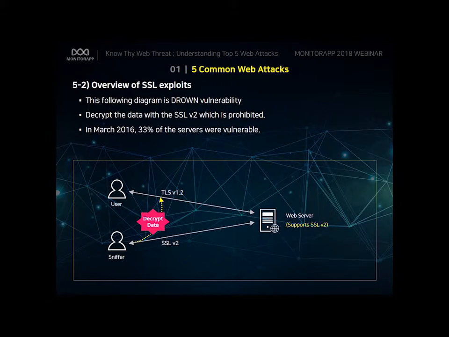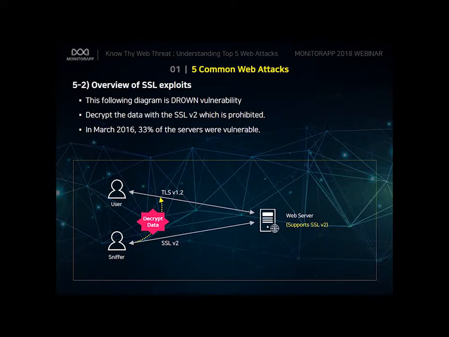Drown attack is a very simple method. The attacker may first request the target server to communicate with SSL version 2. If the target server supports all SSL versions, including SSL version 2, the connection will only be made through SSL version 2, the most vulnerable SSL version. Then, the attacker may use SSL version 2 to decrypt and copy the key values that are essential for TLS communication.